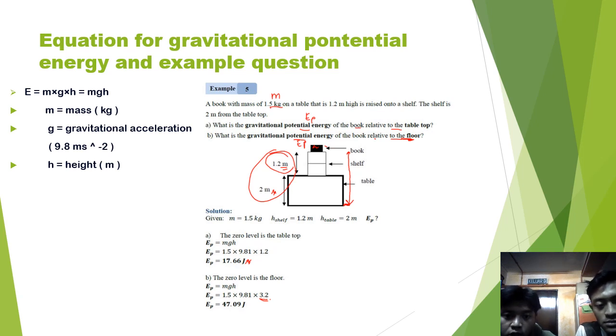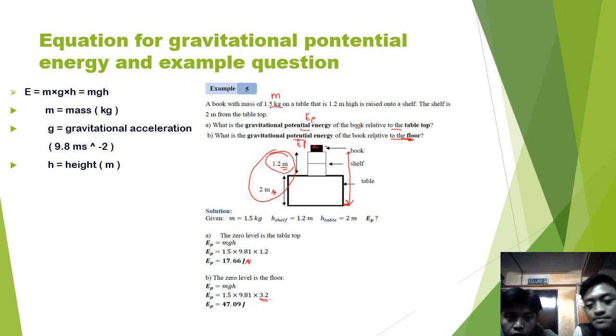The shelf is 2 meters from the tabletop. A, what is the gravitational potential energy of the book relative to the tabletop? And B, what is the gravitational potential energy of the book relative to the floor? So given: mass is 1.5 kg, height of table is 1.2 meters, and height of shelf is 2 meters.